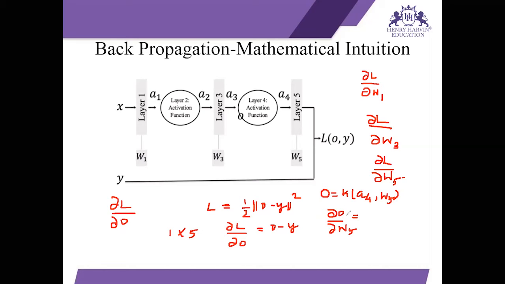Now, we have a vector valued function which takes in two vectors and gives out a vector. This is the output vector.